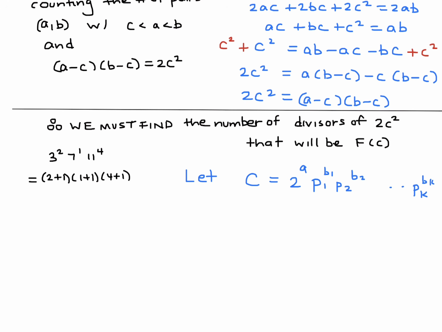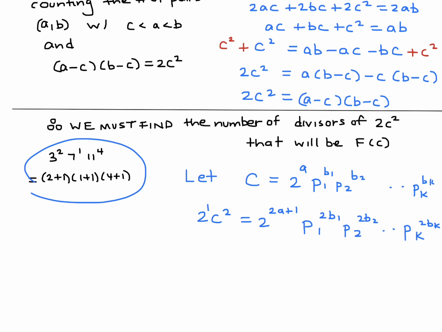Okay, so 2c squared therefore would be this is going to be 2a, and then this is 1, so 2 to the 2a plus 1, and then these are all going to be p1 to 2b1, p2 to 2b2, and so on, all the way to pk to 2bk, like that. Okay, so use this sort of style to figure out f at c.